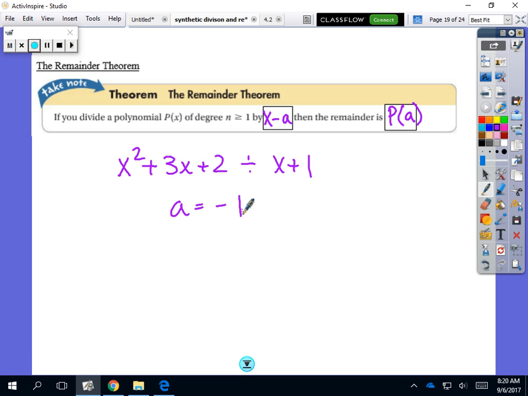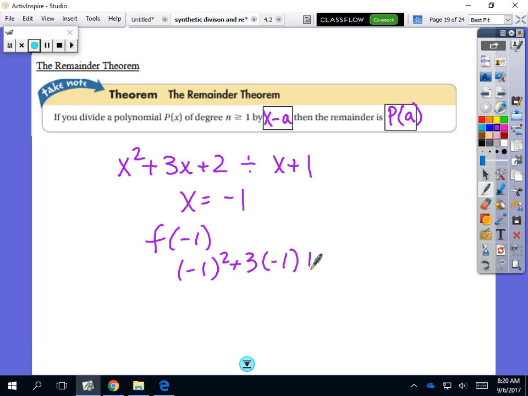So if I evaluate, that means x is -1. What we're saying is x is -1. So I'm using f of -1. So I'm going to plug -1 into this function. So -1 squared plus 3 times -1 plus 2. 1 minus 3 is -2 plus 2 is 0.